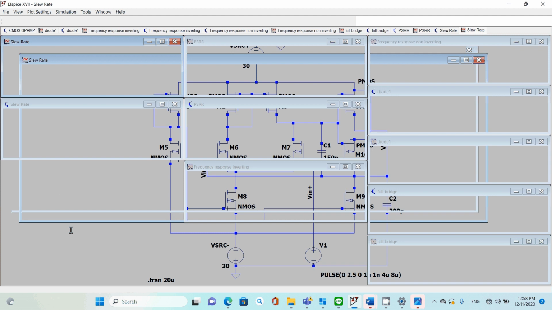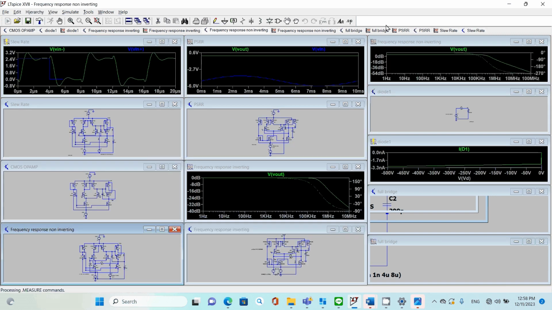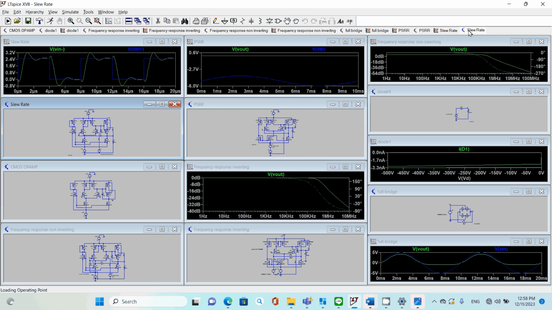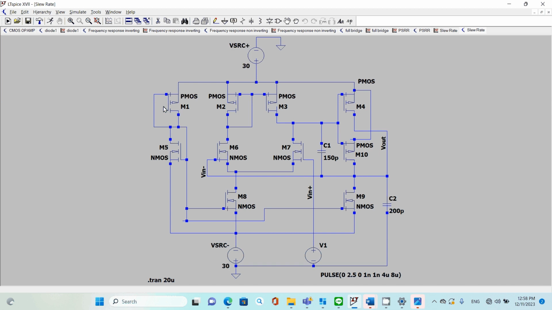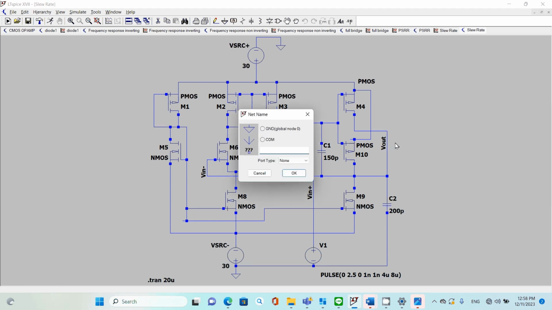don't forget to label your wire as the reference. I have slew rate right here. Okay, and I label this one as V out. You simply put the pen on the wire, right click, and you go to label net.